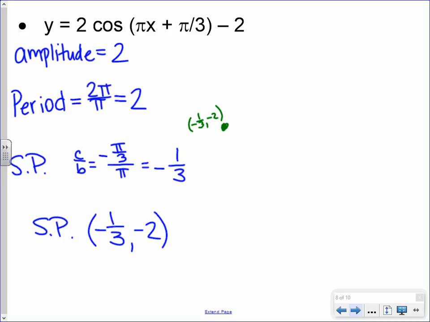Now we have an amplitude of 2, so I'm going to go ahead and draw my frame just a little bit taller this time. All right, Eleanor, if we are starting at a height of negative 2 and our amplitude is 2, what's going to be the top of our frame?